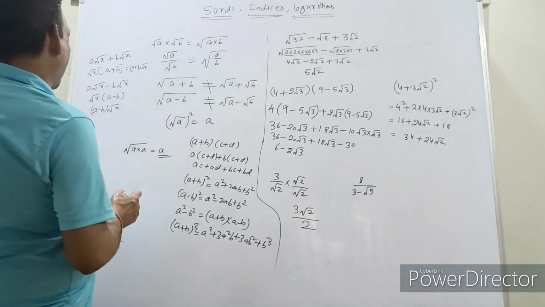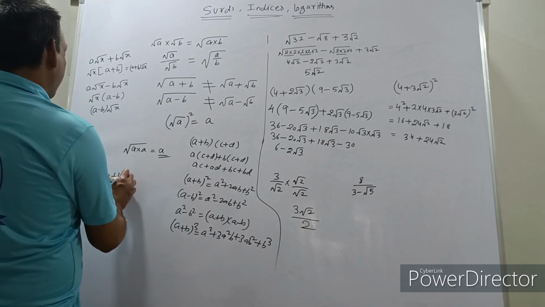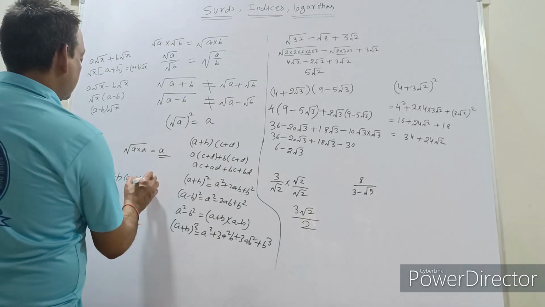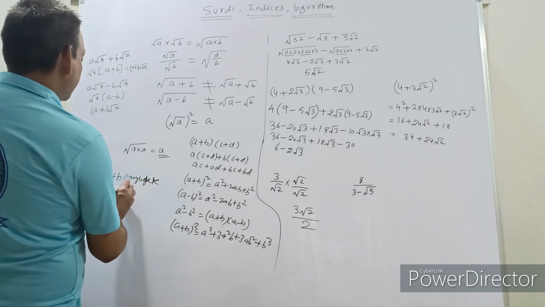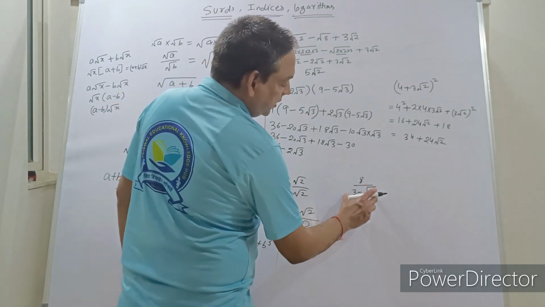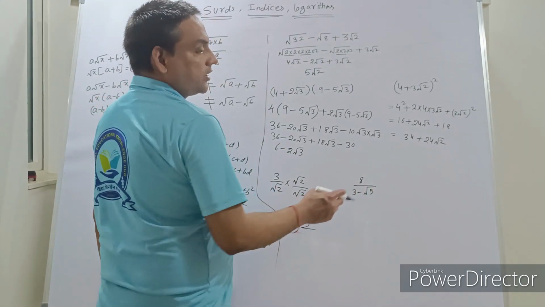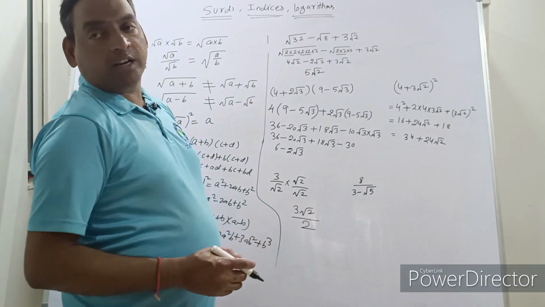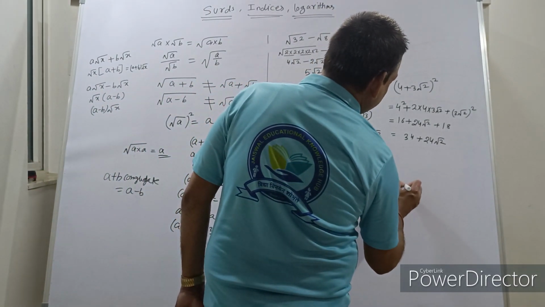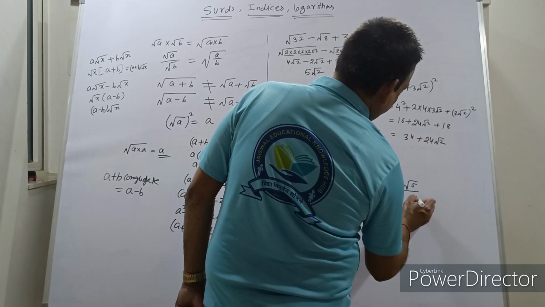The conjugate of a plus b is a minus b, meaning the same expression with the opposite sign. Here 3 minus root 5 is given, so we multiply and divide by 3 plus root 5.